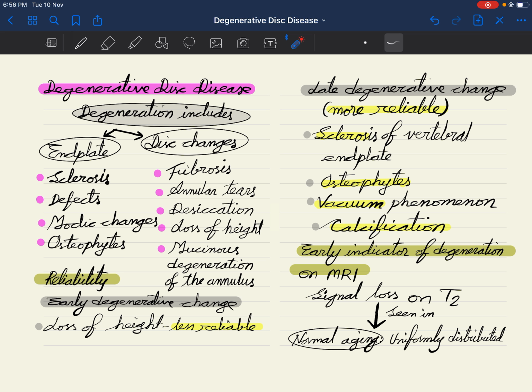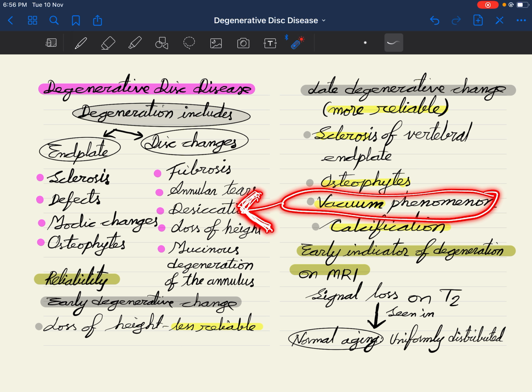Here the vacuum phenomenon occurs as the boundary of the disc is broken.